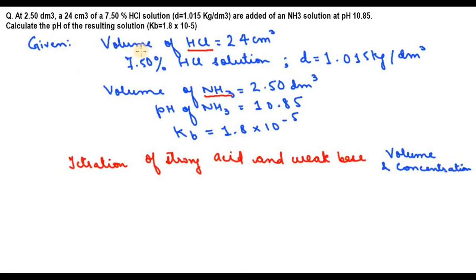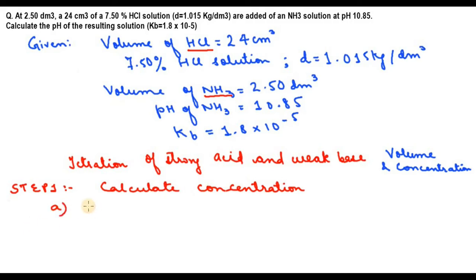As we can see in the question, volume of each of the solutions are given but concentration is unknown. So in step 1, we calculate concentration of each of the solutions. Alright, so let's do it for HCl first.